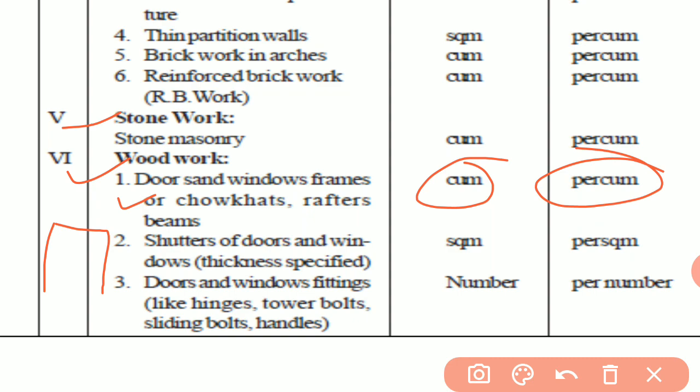Then shutters of doors and windows, with thickness specified separately, are measured per square meter. Then door and window fittings like hinges, tower bolts, sliding bolts, handles are measured per number.